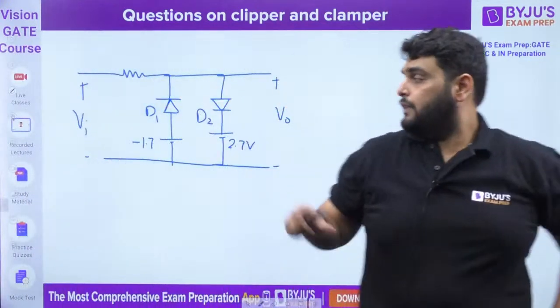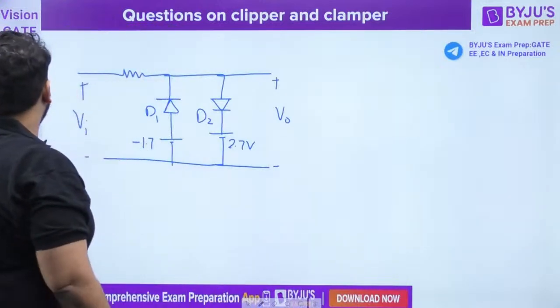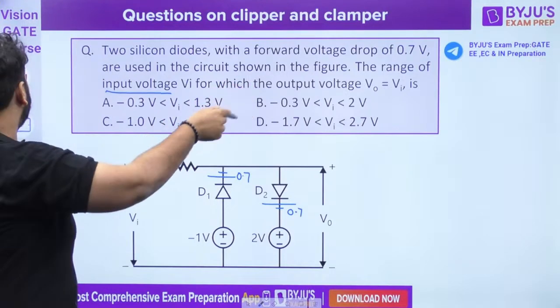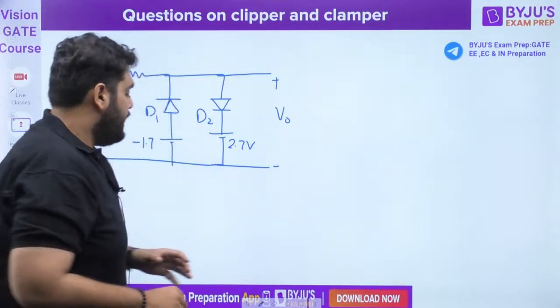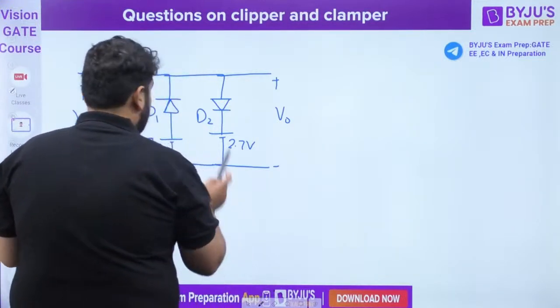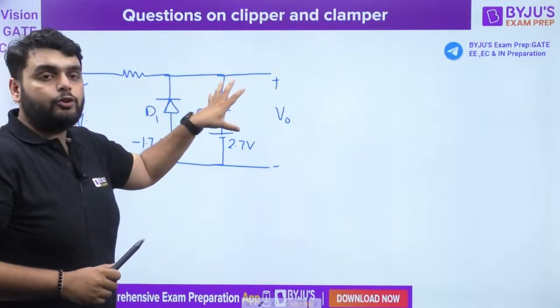Till here, any doubt? Now what they are asking in the question is the range of input for which the output is equal to Vi. Now understand the situation here. The output will be equal to Vi when both diodes are off.